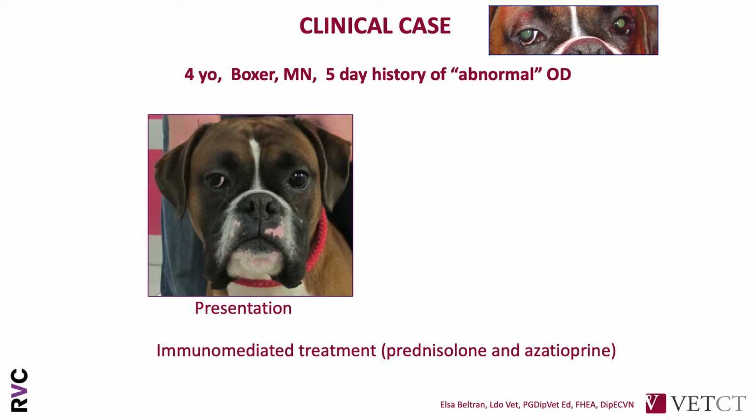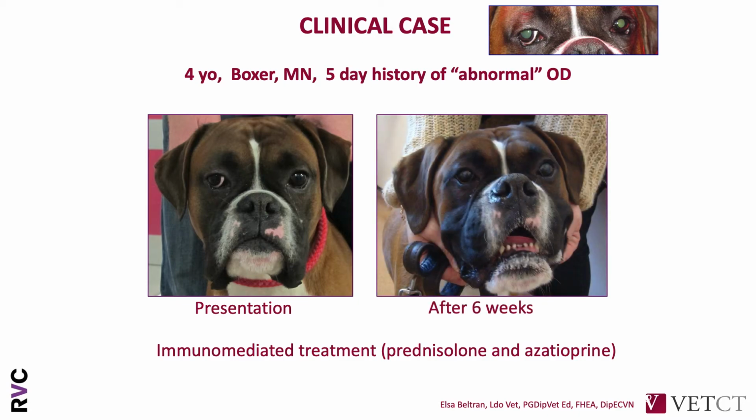So in this case, we started immunosuppressive treatment, thinking that potentially it could be a neuritis. The dog did improve, with the owners reporting the eye appearance was back to normal after 6 weeks, and the neurological exam was considered normal at that time.